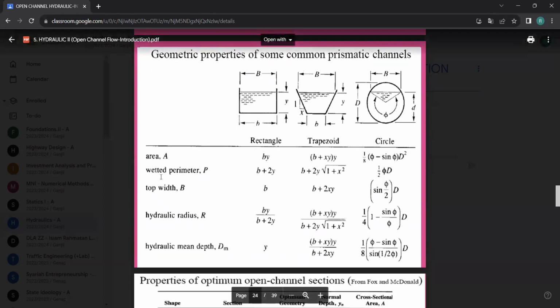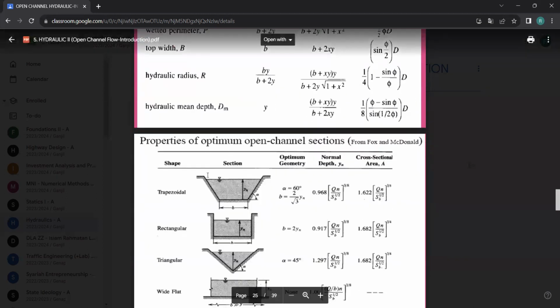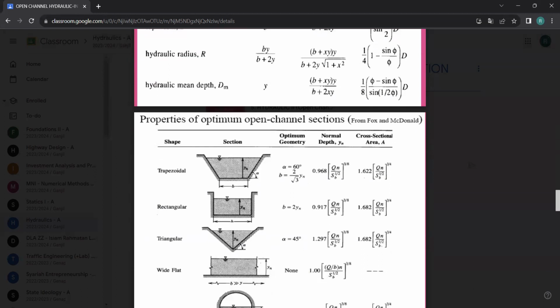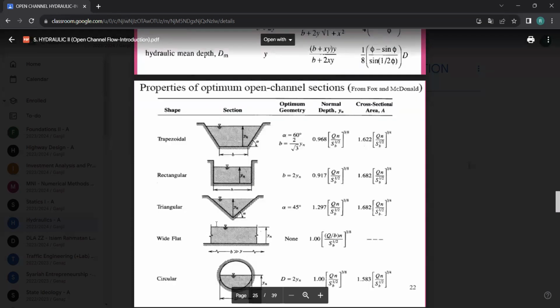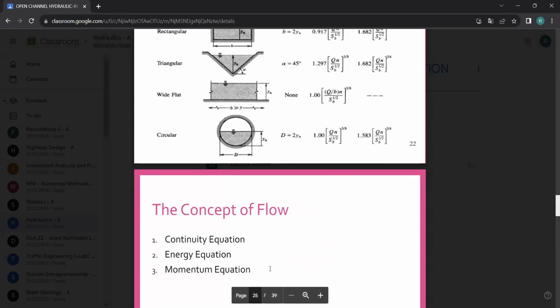This is the formula for finding the area, the perimeter, top width, hydraulic radius, and hydraulic mean depth. This is other properties of optimum open channel section: trapezoidal, rectangular, triangular, wide flat, and circle.